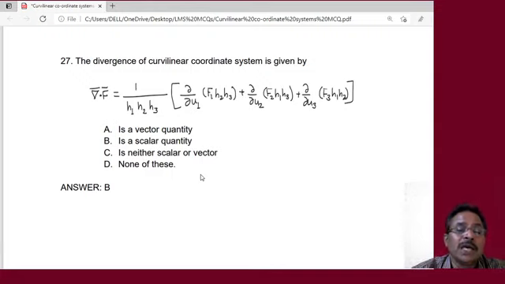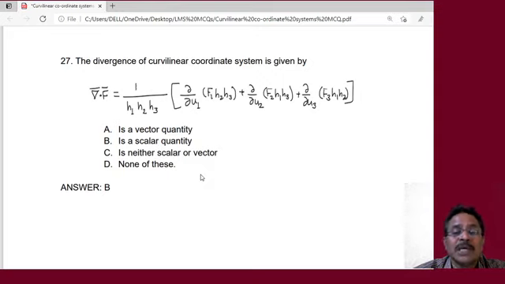Del bar dot f bar is equal to 1 upon h1, h2, h3, the product of all these 3 scale factors. Then in the bracket del upon del u1, first bracket is f1, the first component of the vector point function, into scale factors h2 and h3. The second term is del upon del u2 into f2, the second component, into scale factors of first and third, that is h1, h3.